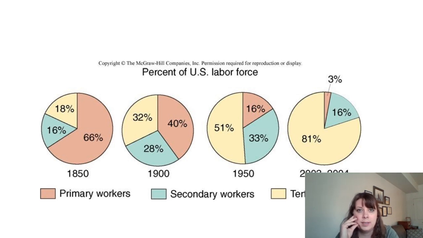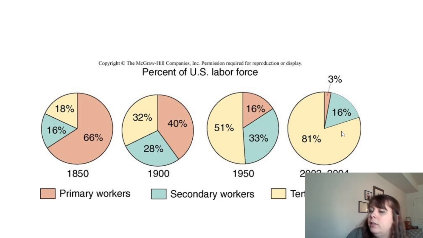This is the United States labor force. So this kind of reddish color is primary workers, the blue is secondary, and the yellow is tertiary. And we look at the different years. So at first we started out with a lot of the labor force doing primary work, right? And then over time that primary shrinks and the other two grow. And then the tertiary grows even more.